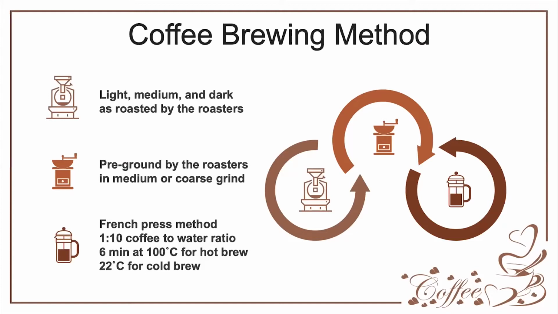And we used a French press method because it's almost the same as the cold brew mason jar method. So we brewed the hot brew 6 minutes at 100 degrees Celsius. Don't do that for French press. And then we used 22-degree water for cold brew. So that's our first experiment.